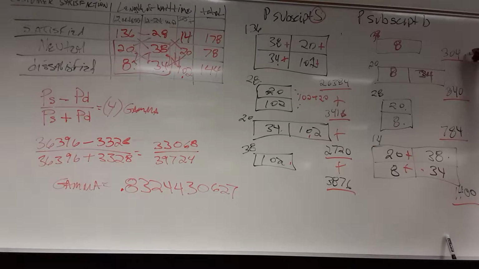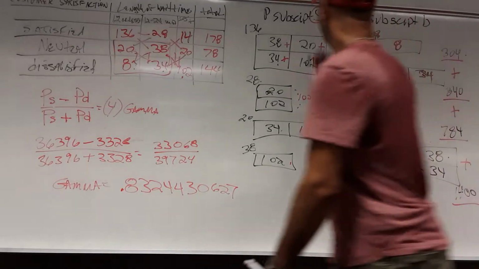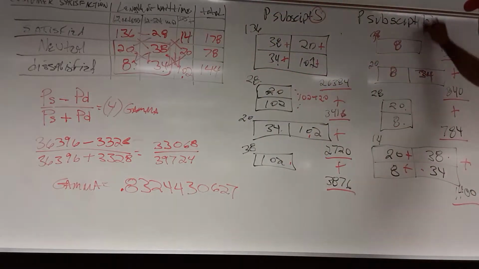So we're going to add 304 plus 840 plus 784 plus 1,400, and that was P subscript D.